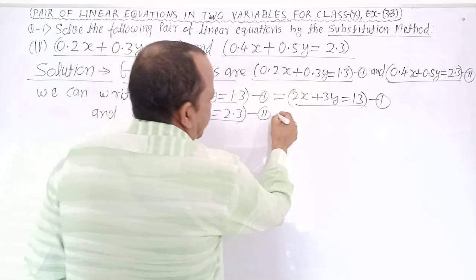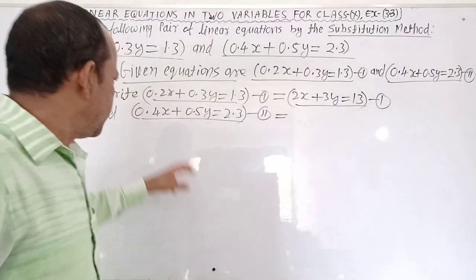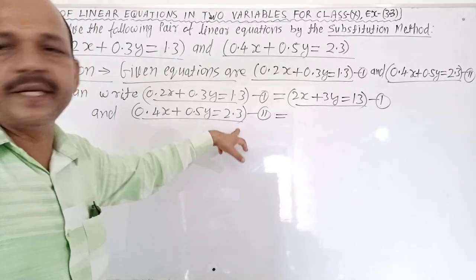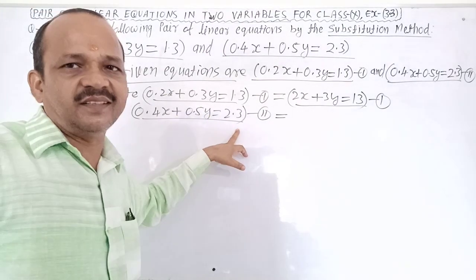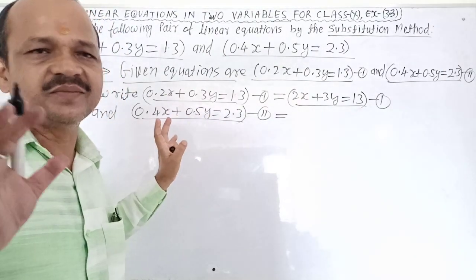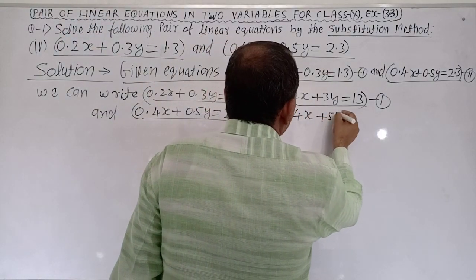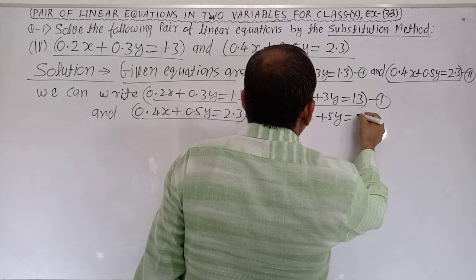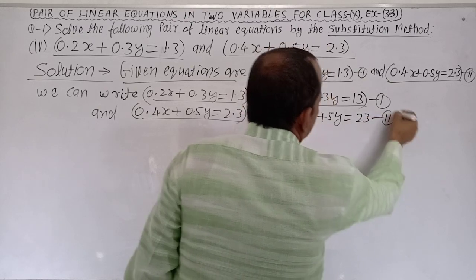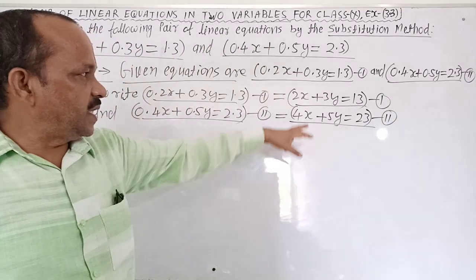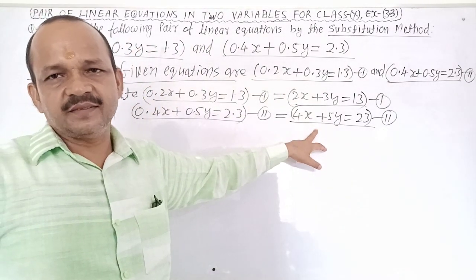Here decimal is at one place, here one place and here one place. So you can cut the decimal on both sides. Clear? It becomes 4x plus 5y equal to 23, equation second. You find equation first and equation second. Clear?